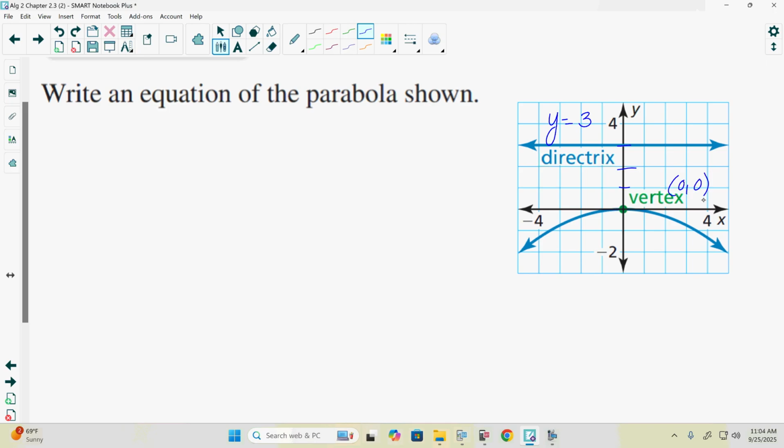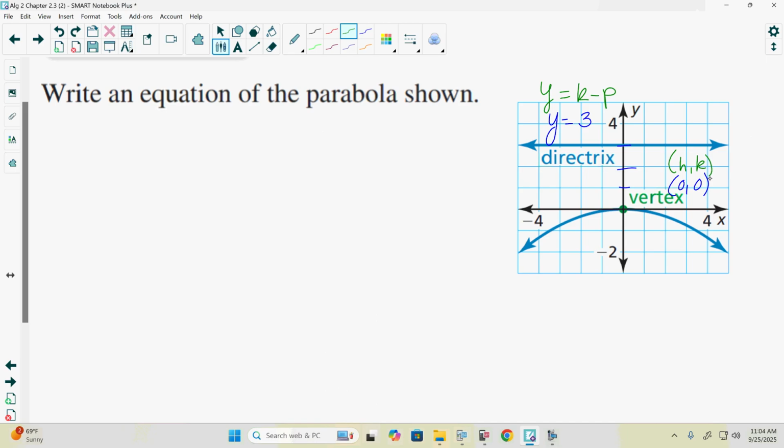The vertex is told to us to be the point 0, 0. Yes? We agree with this so far? Okay. The directrix is y equals. Well, the only one that has a directrix of y equals is y equals k minus p.